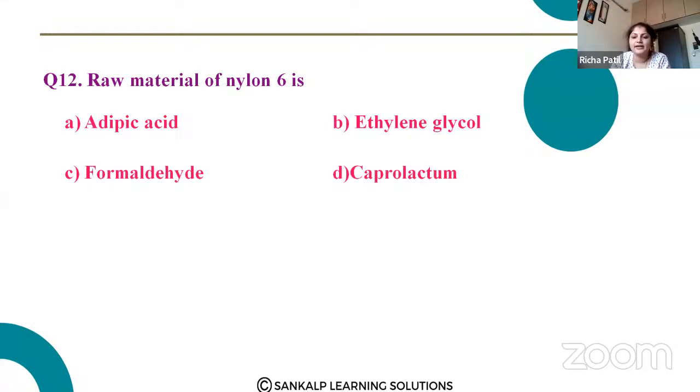Yes, it is D. Okay, so many have answered D. Good. D is the correct answer. It is caprolactam. Okay, caprolactam is a raw material which is used to synthesize nylon 6.